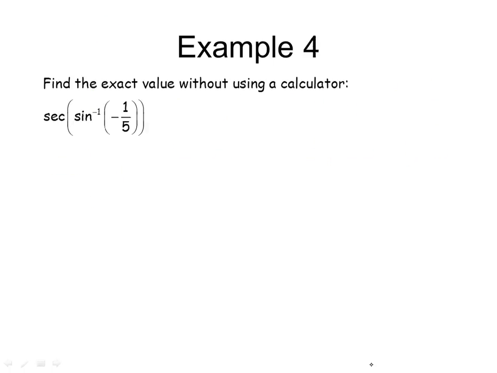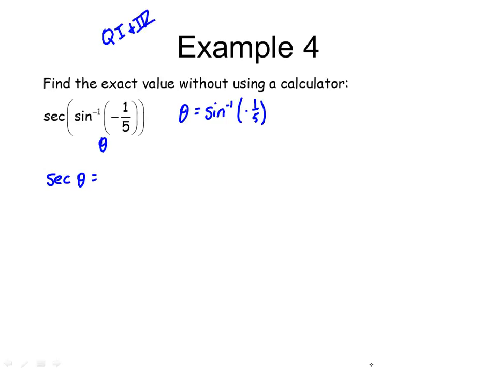Okay, so let's look at this one. Again, we're going to let this whole thing be equal to theta. So we're looking for secant theta. Therefore, theta is equal to sine inverse of negative 1/5. Inverse sine is in what quadrants? 1 and 4.